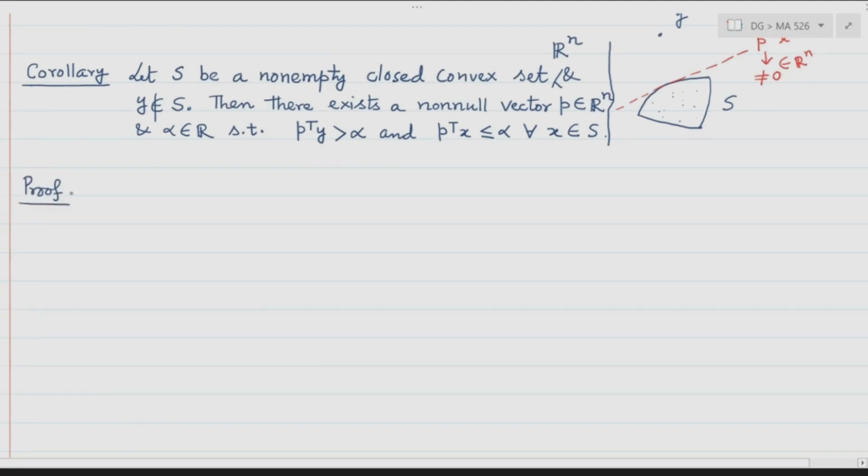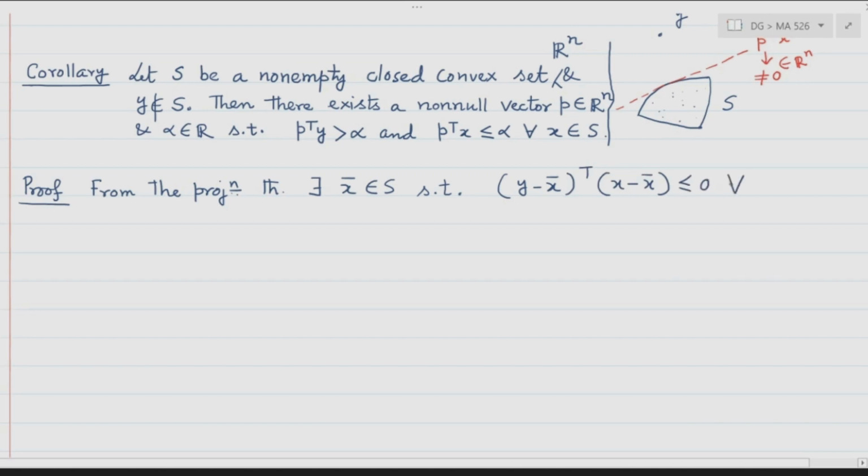We note that from the projection theorem, there exists a unique x bar inside the set S such that (y minus x bar) transpose (x minus x bar) is less than or equal to 0 for all x belonging to S. That we have seen.